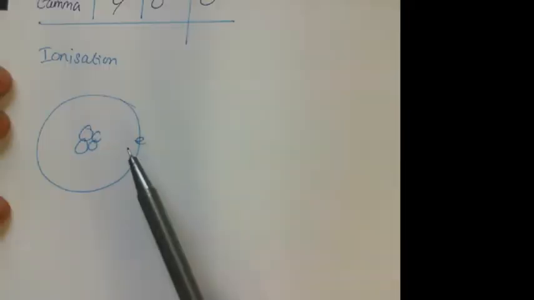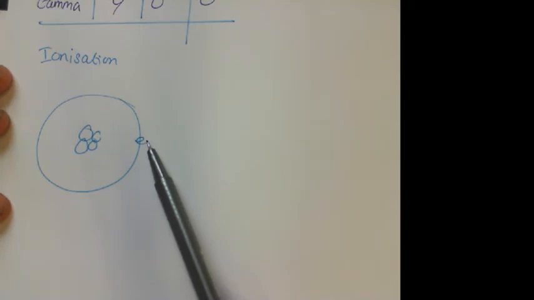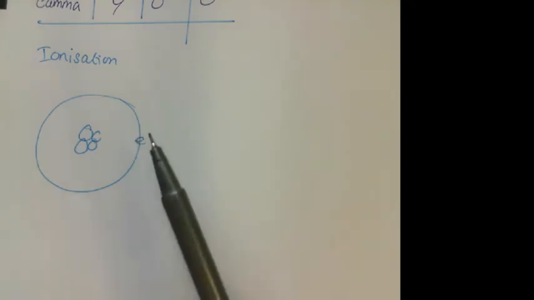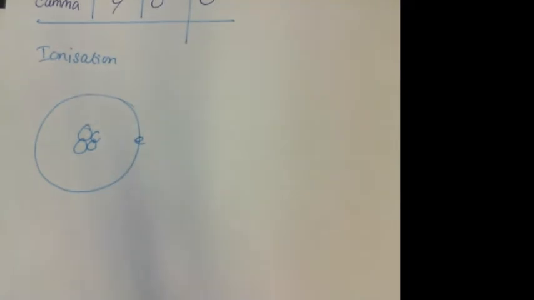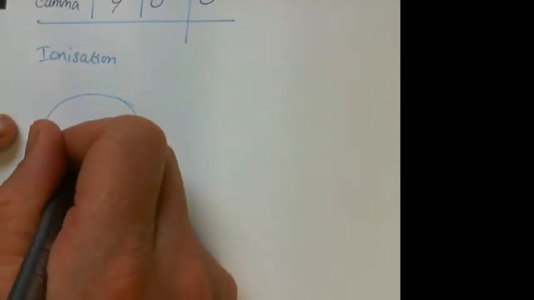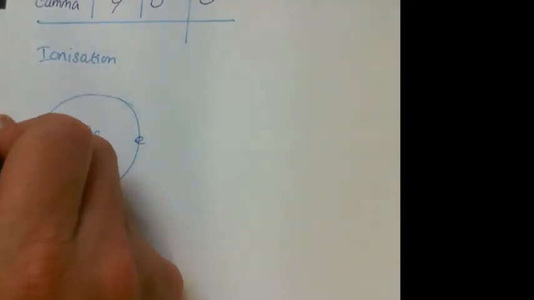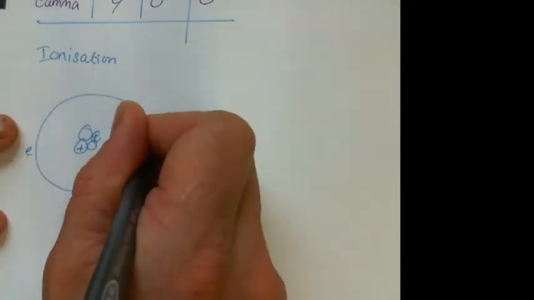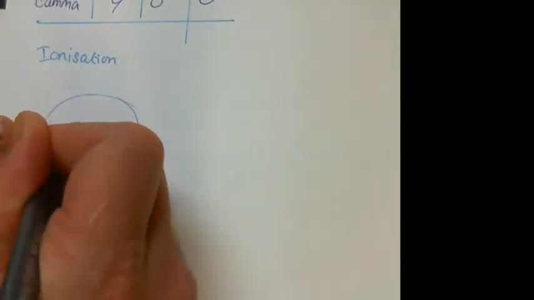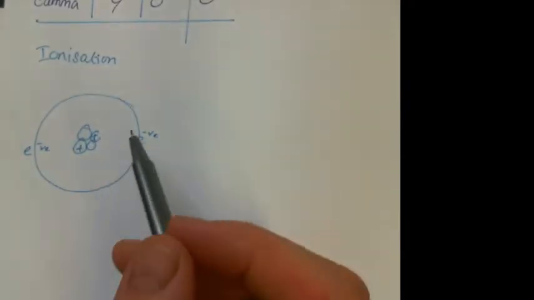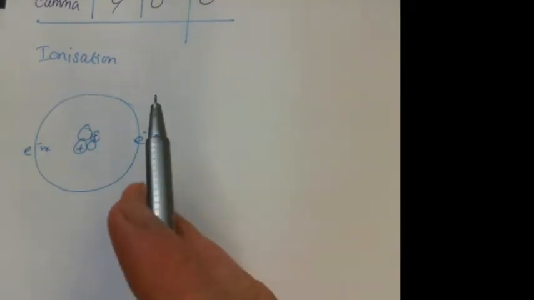Then some radiation comes in and hits this electron. If that bit of radiation has enough energy, it can cause that electron to be knocked out of orbit. So if you've got 2 positives and 2 negatives, this atom is nice and happy because it's got the same number of positives as negatives, it's completely stable.